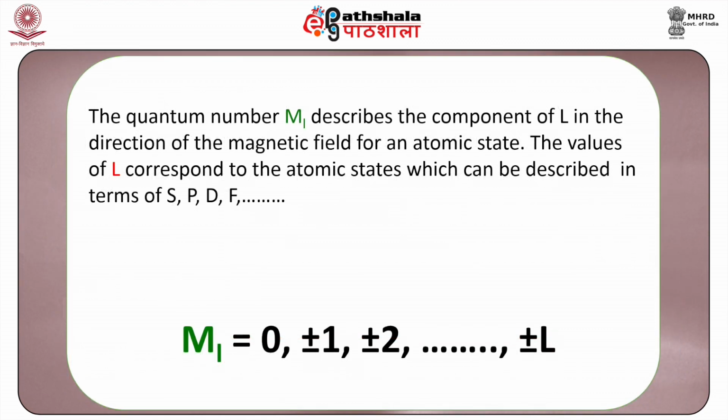The quantum number capital ML describes the component of L in the direction of the magnetic field for an atomic state. The values of L correspond to the atomic states which can be described in terms of S, P, D, F, and so on.